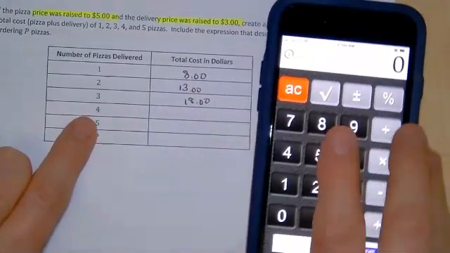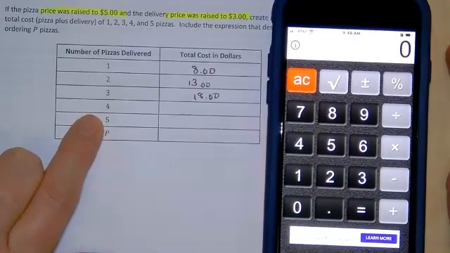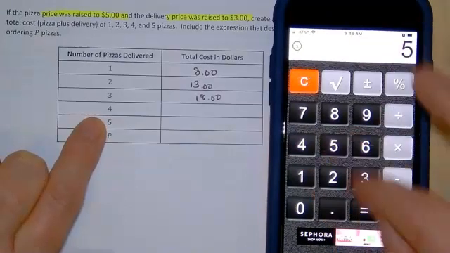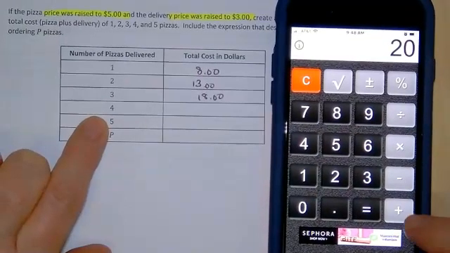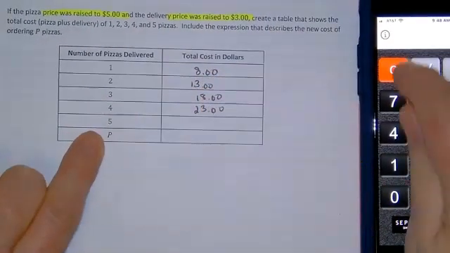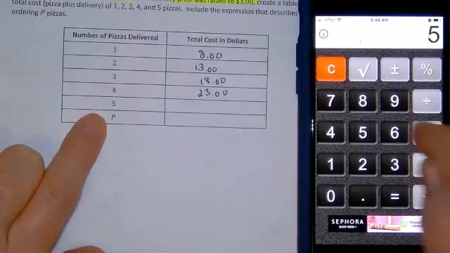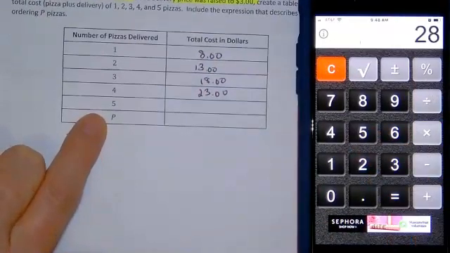All right, what do I do for 4 pizzas? 4 times 5. Plus, what's the delivery charge? $23. Okay, 5 pizzas. 5 times 5 plus 3. 28.